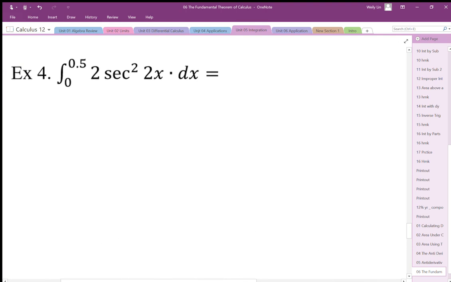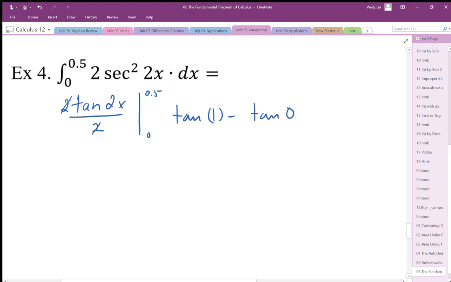For this one here, the derivative is secant squared, so we know the antiderivative must be a tan function. So it's going to be 2 tan 2x. We want to divide by that extra 2, and we want to know the displacement from 0 to 0.5. Those 2's cancel out, so we end up with tan 1 minus tan 2 times 0, which is 0.